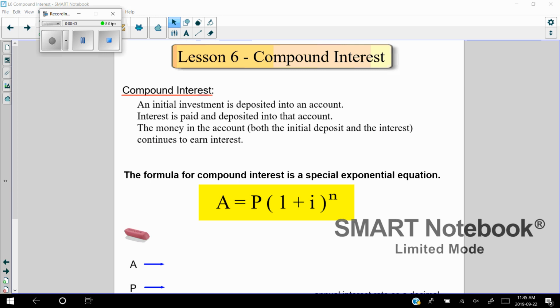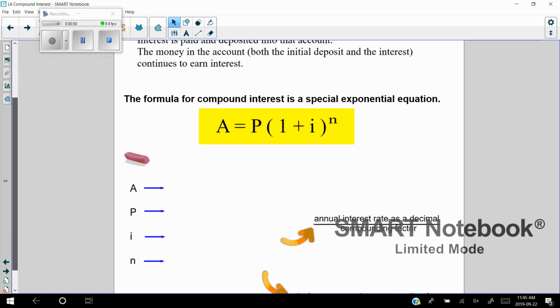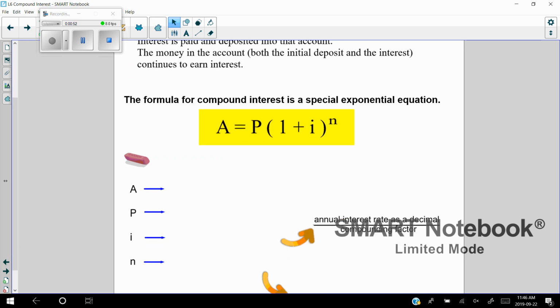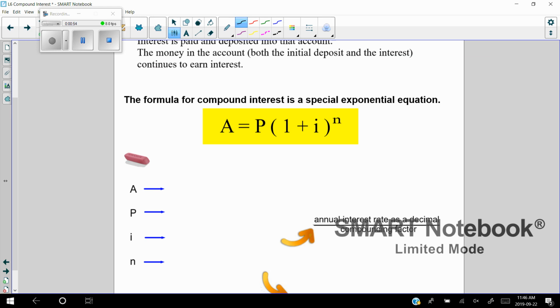So we have a formula for compound interest, but really it's just the exponential equation in disguise. So if we remember back, we normally have y equals a times b to the power of x.